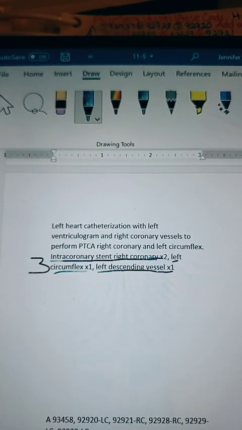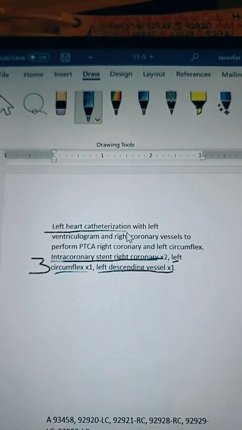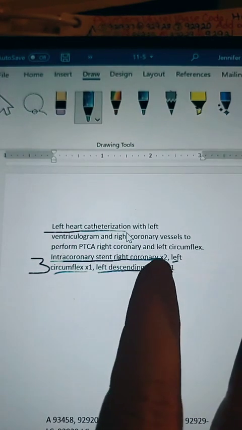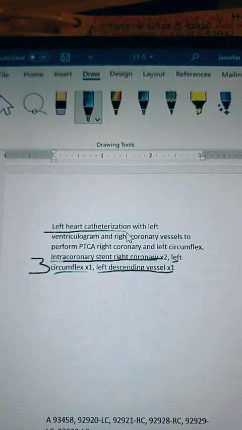That alone should tell you how many CPT codes you have, because if anything starts out with a left heart catheterization, and this is important, so put this in your book: if you have a left heart catheterization as your approach by which an interventional procedure is performed, you see here that they are putting in stents.